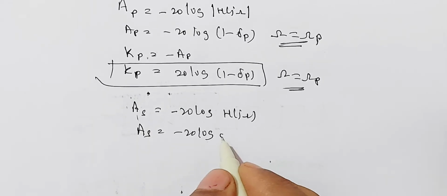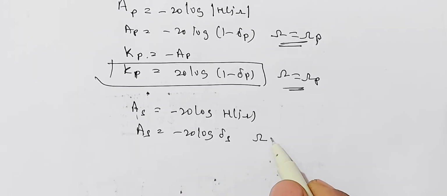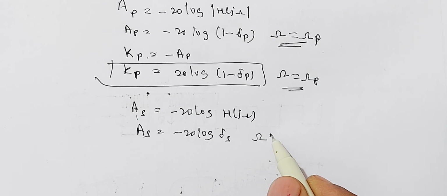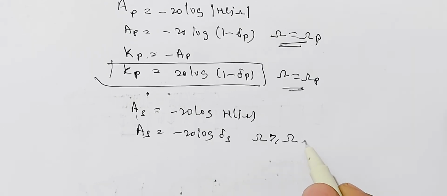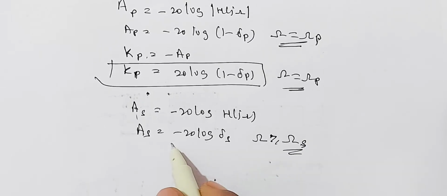Stop band value is delta S, that is almost equal to 0. The stop band value is 0, that is it is stopped, output voltage stop means 0 or a very small value delta S. This is when omega, that is frequency, is greater than or equal to stop band frequency. After this frequency, output voltage stops.